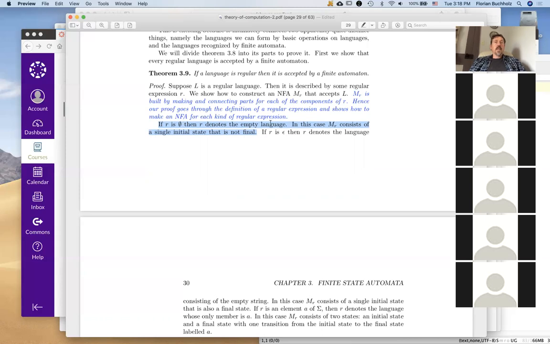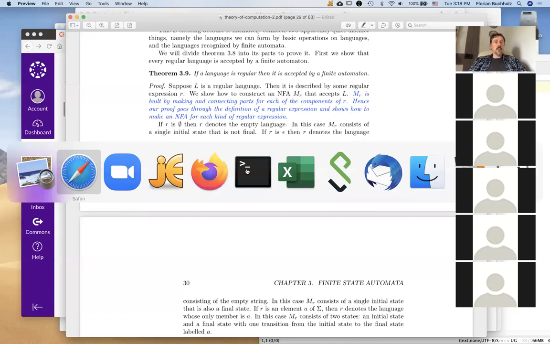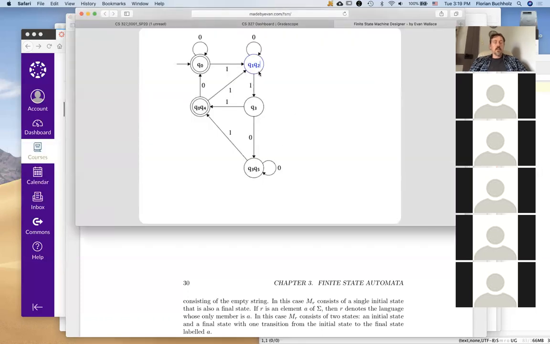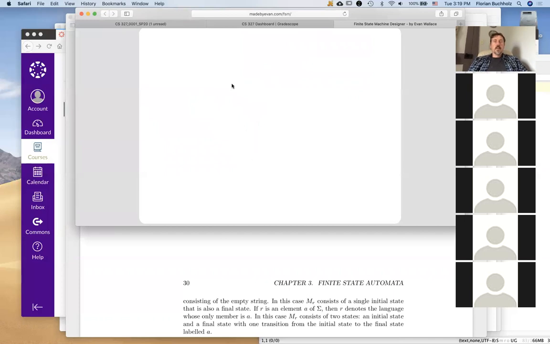So if it's the empty language, then our automaton, okay, let me just delete all that stuff. Our automaton then just looks like this, right? It's got a single state. That's the start state.